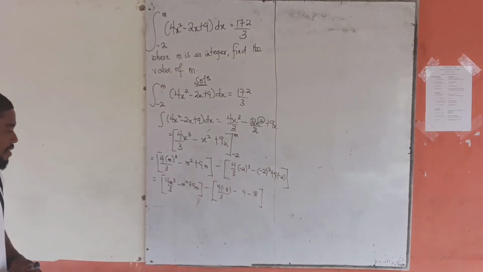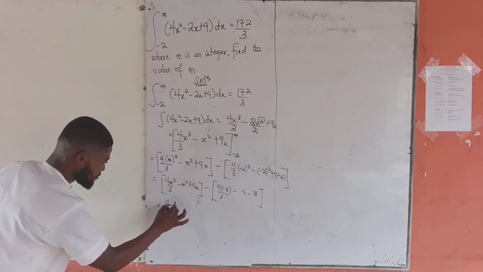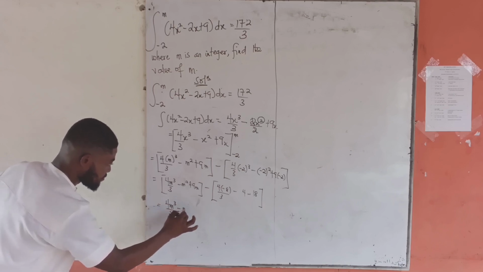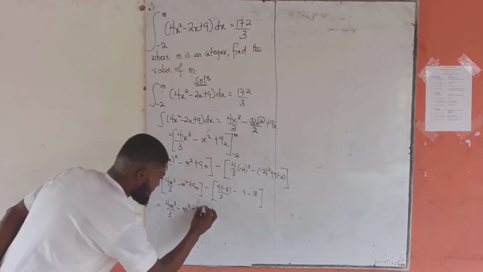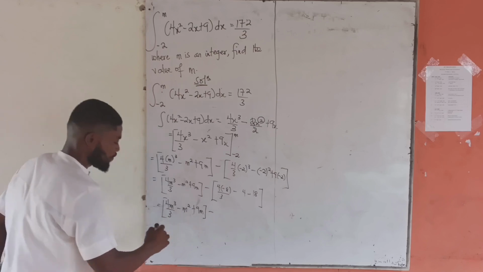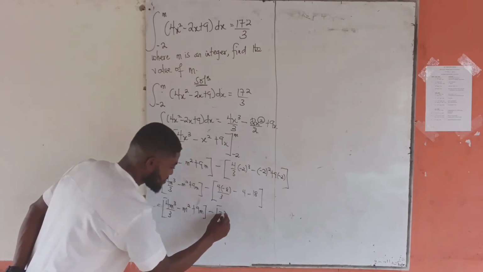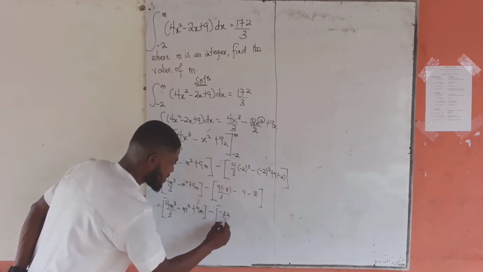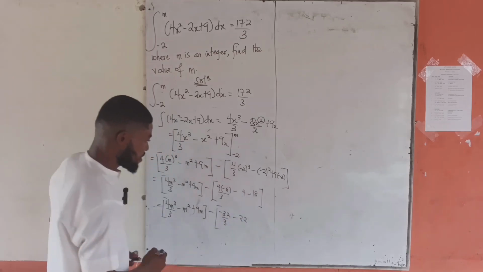Okay, so we proceed. 4 times 8, that should be minus 32 over 3, minus 22.